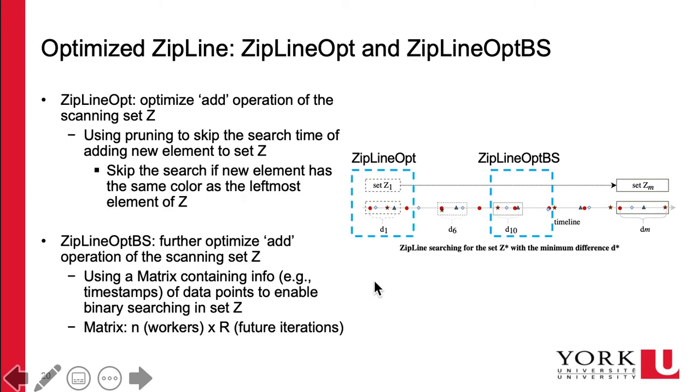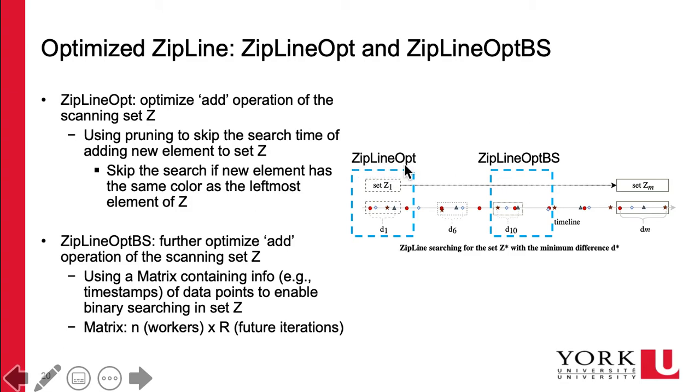In this work, we also proposed the optimized ZipLine algorithms named ZipLineOpt and ZipLineOptBS. ZipLineOpt basically optimizes the add operation of the scanning set Z, and it uses pruning to skip the search time of adding new elements to set Z. That is, to skip the search if the new element has the same color as the leftmost element of Z. Let me give you an example.